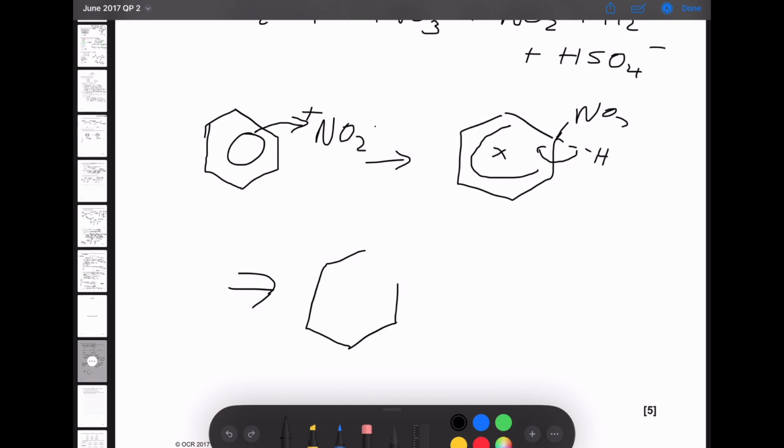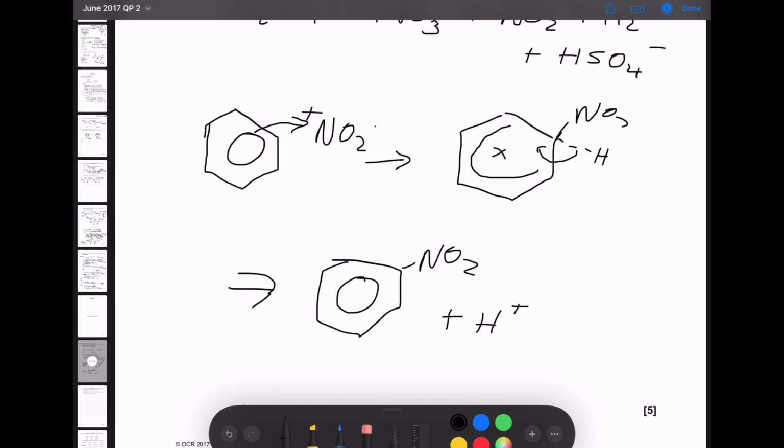It has just auto-drawn a pentagon. That's not what I wanted. There you go. It will initiate your benzene ring. You put your nitro group on there, and then you generate an H+ ion.